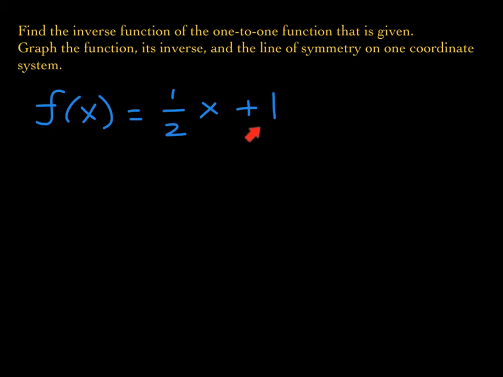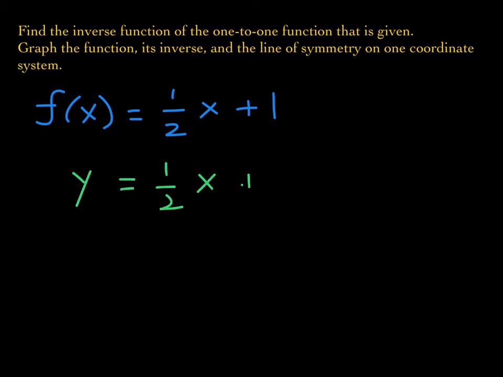But I want to make sure that you understand how to confirm or verify that the function they gave you is indeed 1-to-1. All right, so let's graph this function, its inverse, and the line of symmetry on one coordinate system. But before we do that, let's find its inverse. All right, here we go. So the first thing we're going to do is replace f of x with y.